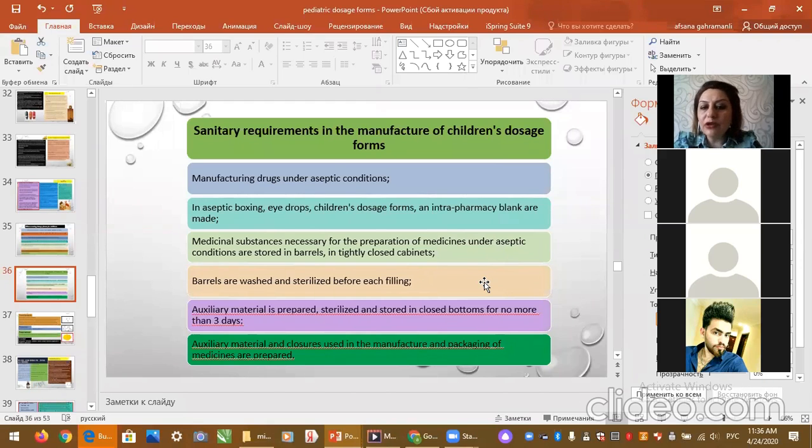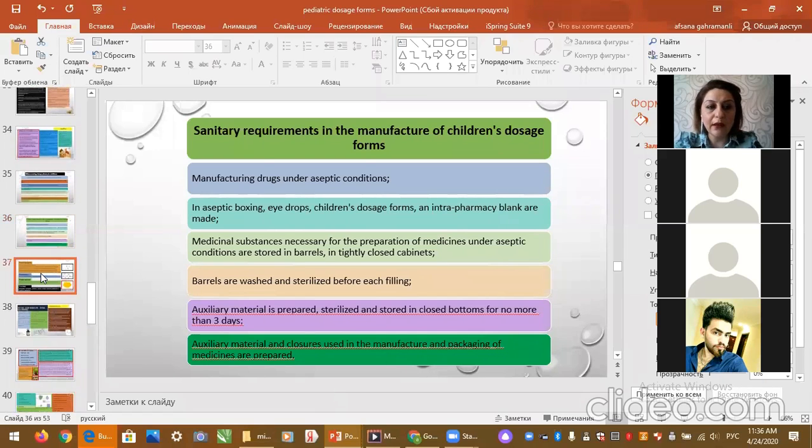Barrels are washed and sterilized before each filling. Auxiliary material is prepared, sterilized, and stored in closed bottles for no more than 3 days. Auxiliary material and closures used in the manufacture and packaging of medicines are prepared.